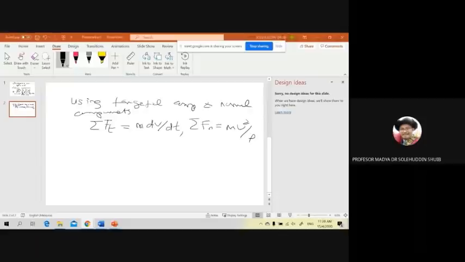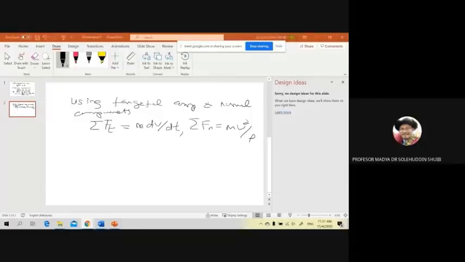Just to recap the important equations. How come you don't remember the topic that we learned today? Angular momentum, right? Yeah, correct. Good.